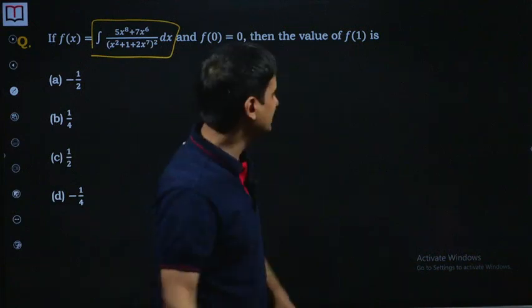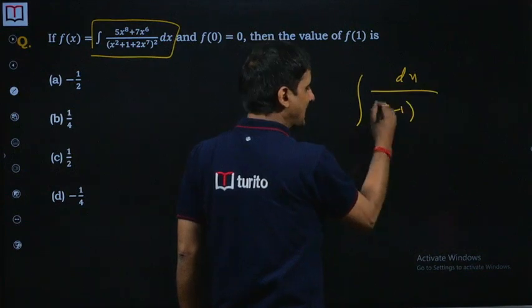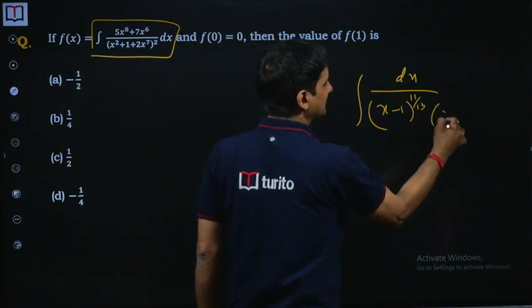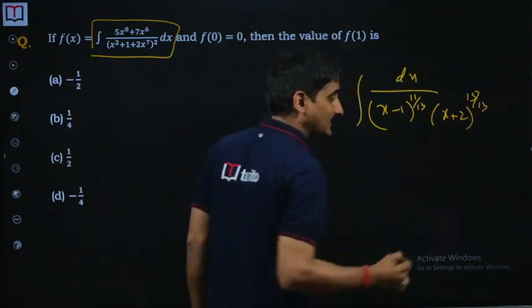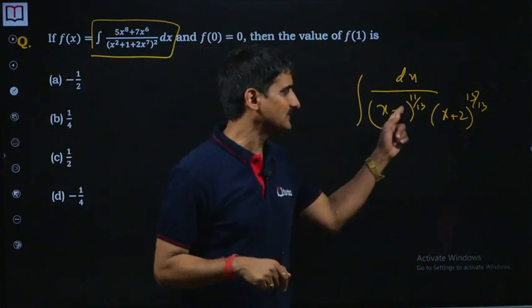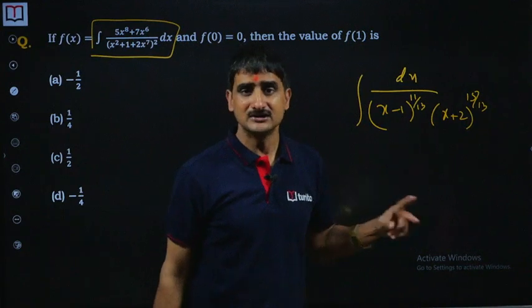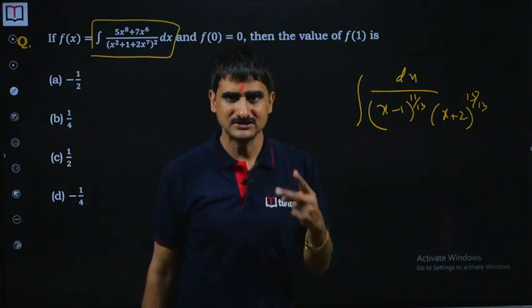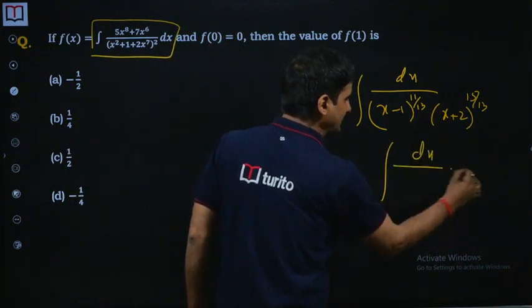Okay, so what was that question? If I remember it correctly, the powers I think I remember correctly, the numbers I'm not so sure, so something like that. So the interesting thing or the form here is, if the sum of the powers of these two factors is 2, then what do we do? We just divide one by the other.